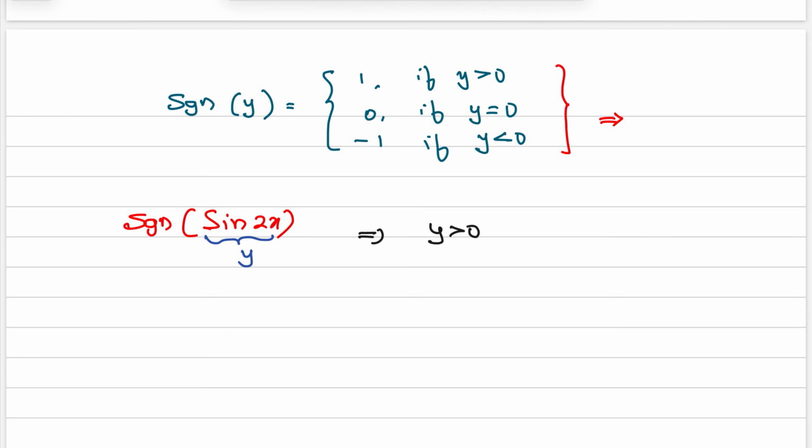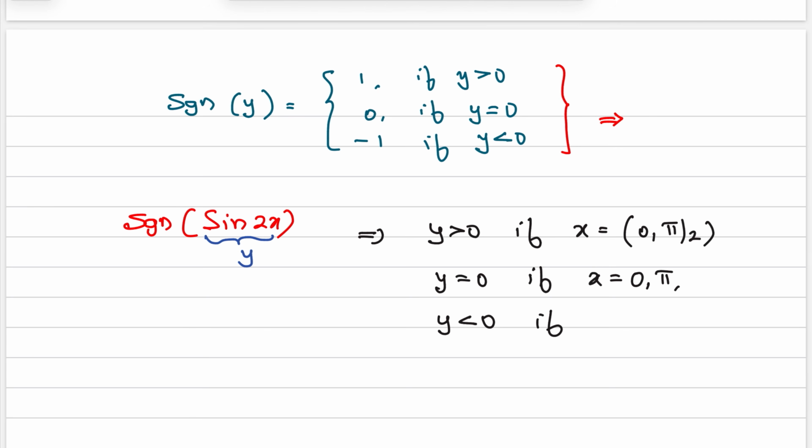Y will be greater than 0 if x is from 0 to pi by 2. Y is equal to 0 if x is equal to 0 or pi. Y is less than 0 if x is from pi by 2 to pi.